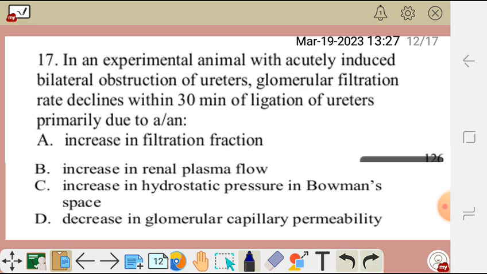So this question is asking us to know the effect of obstructing the ureters. Okay, so this was in an animal with acute induced bilateral obstruction of ureters.